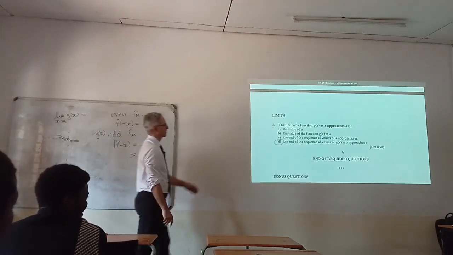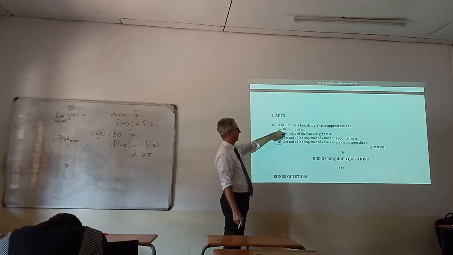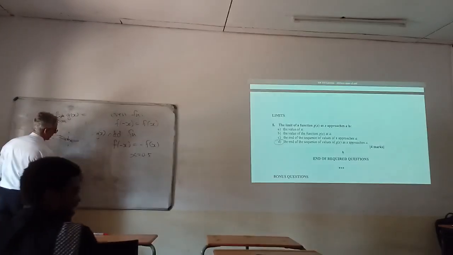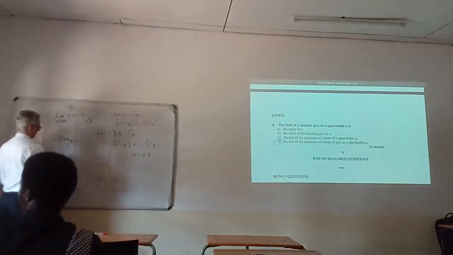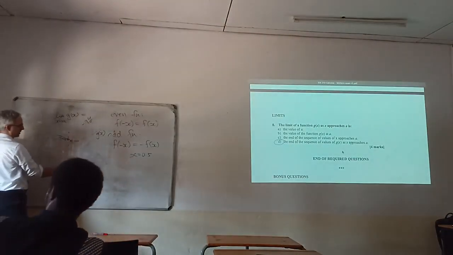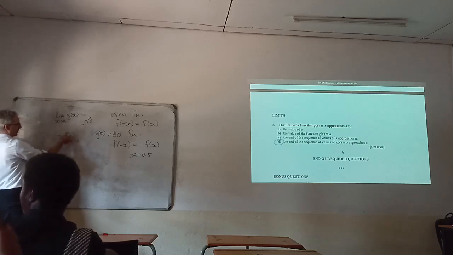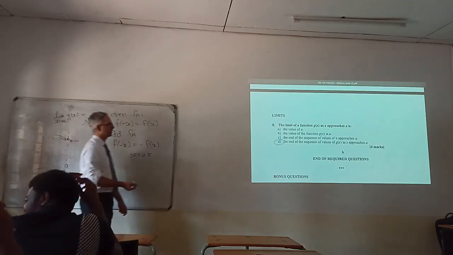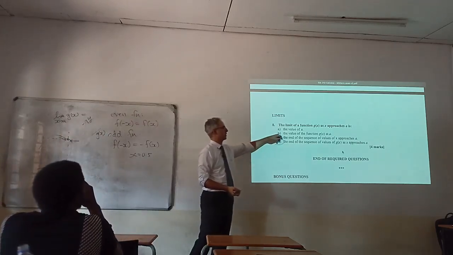So the answer is, it's not the value of a, right? That's easy to see. If this is my y-axis, then a is a negative number. This is negative x, but the function is positive. So clearly it can't be a. Is it the value of the function at a?